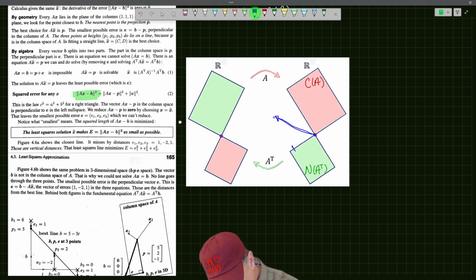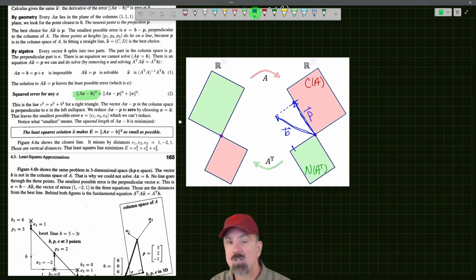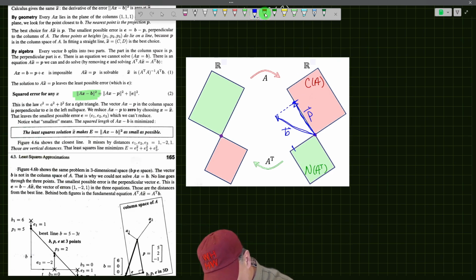So we have orthogonal complements that make up our B vector. Here's B, and we have this vector here, which is in the column space, and that's really the projection vector. If we project B into the column space, we end up with the P vector. And the remaining piece, this vector, is the error vector.